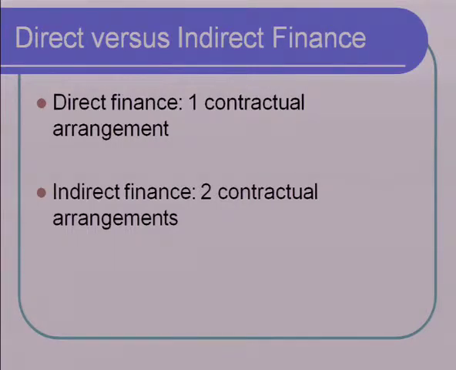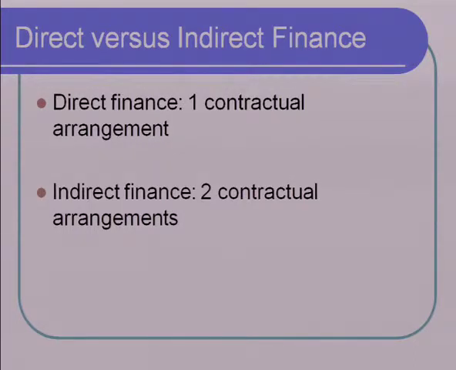It's an organisation that intermediates between the lender and the borrower, something that stands in between them. In direct finance, there's no financial intermediary involved, so there are basically two parties. In indirect finance, because of the financial intermediary, there are three parties.